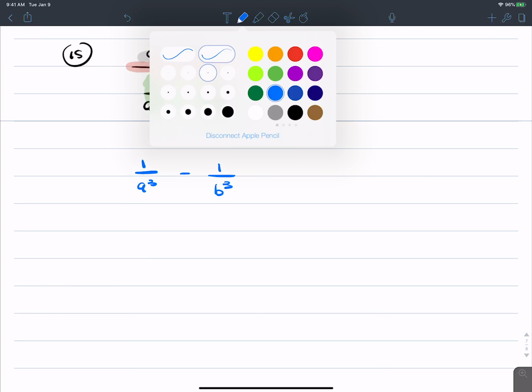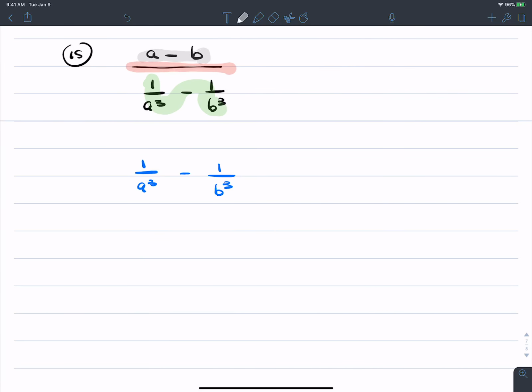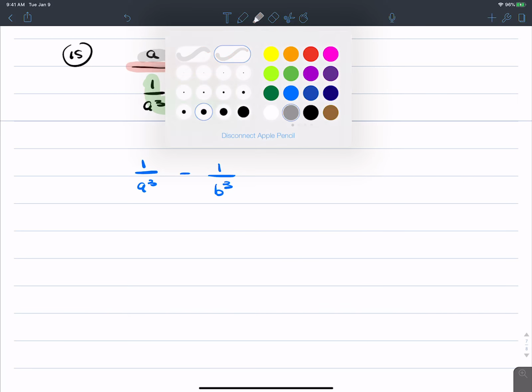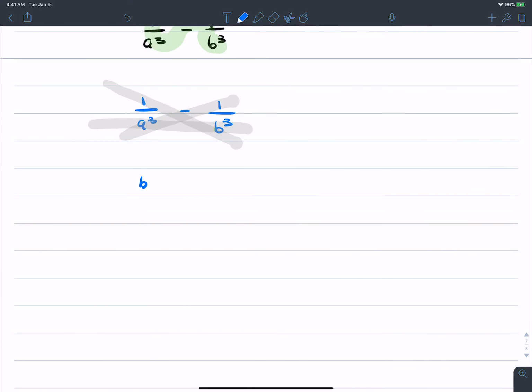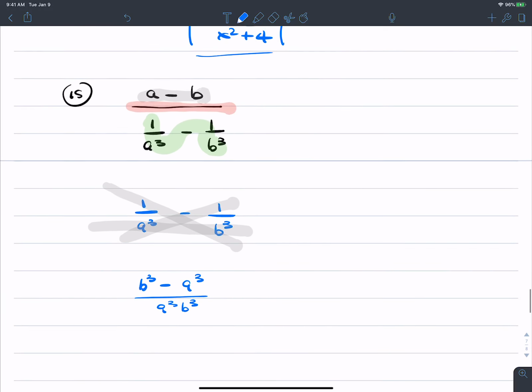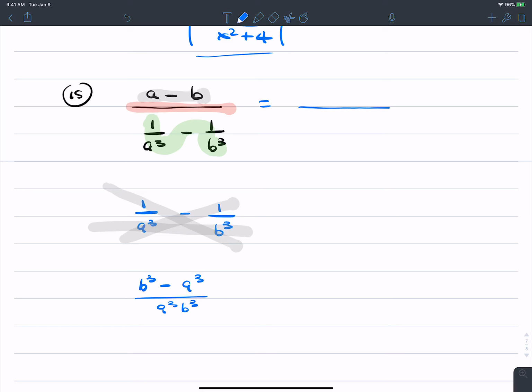So I think it's good to use the shortcut, meaning cross multiply, diagonal across, and then multiply the denominators. So we'll get b cubed minus a cubed over a cubed b cubed. So this here is the second fraction.